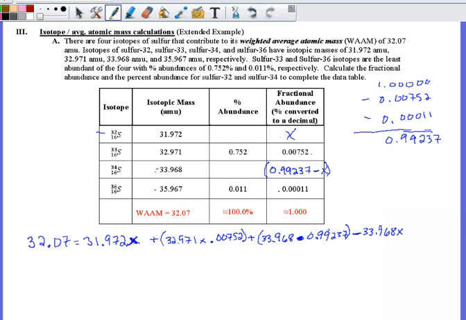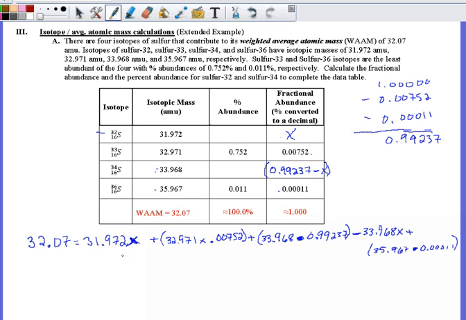And then the last one is this times that, which I'm just going to move down here just a little bit to give me a little more room, hopefully. 35.967 times 0.00011.